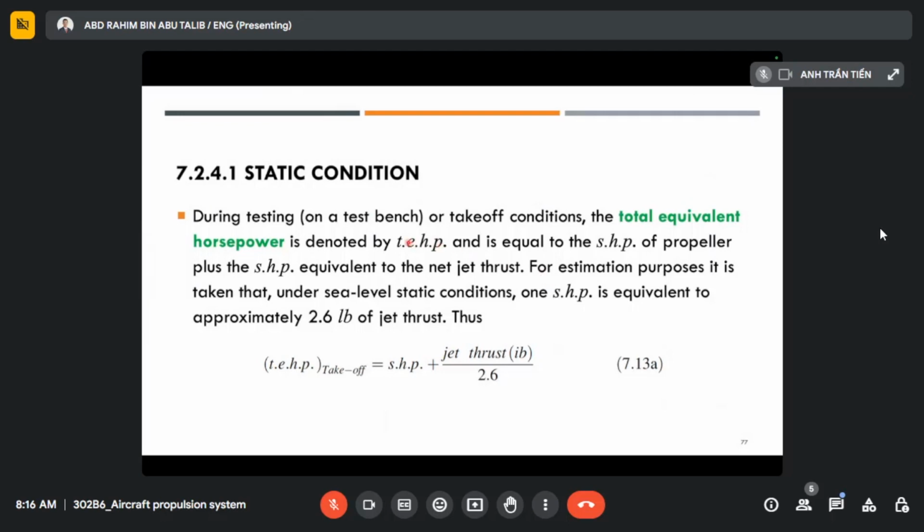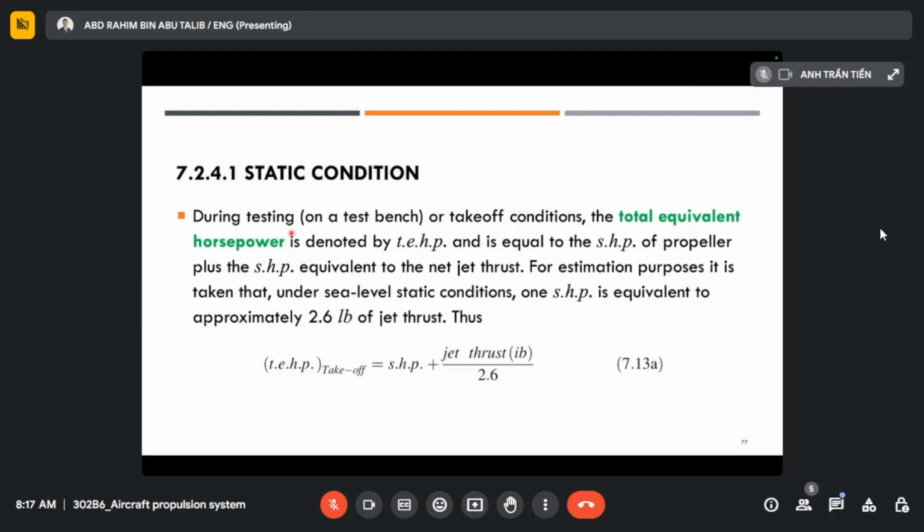During testing on the test bench, normally the turboprop engine will be tested in the laboratory or at test facilities to ensure whether the engine can operate by design or needs to be further modified.